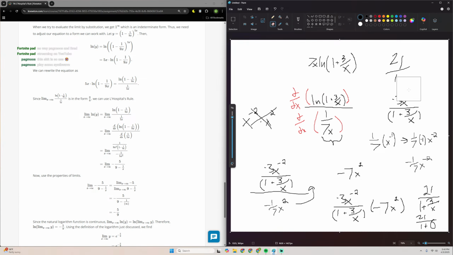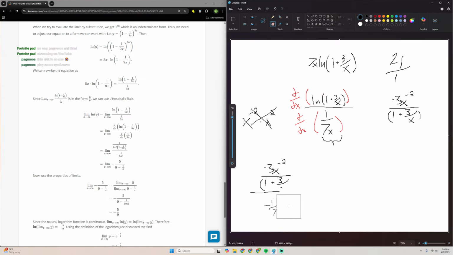I'm gonna rewrite this. This is bad, since that does not make sense. One plus 3 over x.